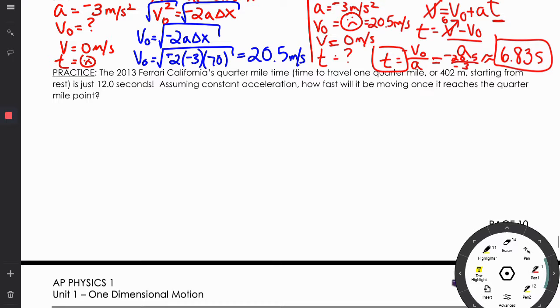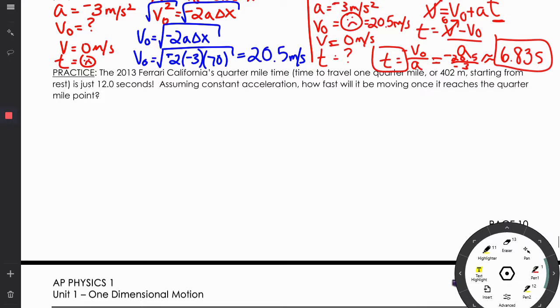Now, a quarter mile is a drag race. That's a standard drag race if you watch on ESPN with the funny cars and the pro stocks, and the motorcycles. Those are quarter-mile races. It's going to do it in just 12 seconds. So assuming constant acceleration, how fast are we moving once it reaches the quarter mile?